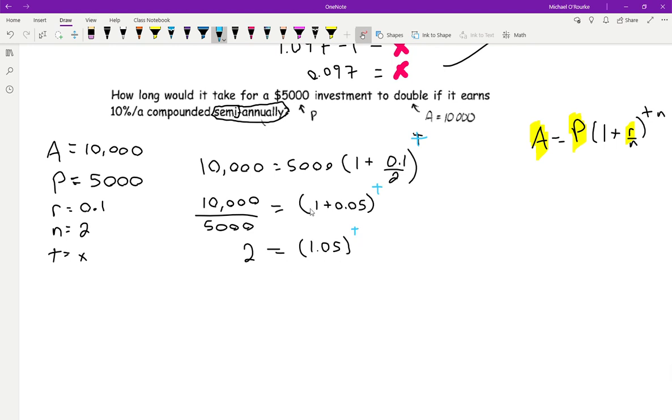Now, who can think back of when we had an unknown as our exponent? How did we bring it down? Do you guys remember that? Or do you need a hint? Not a fraction.